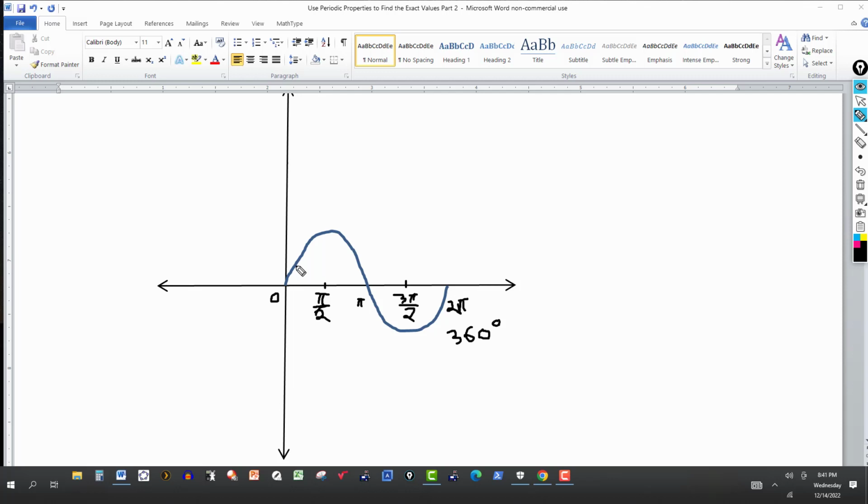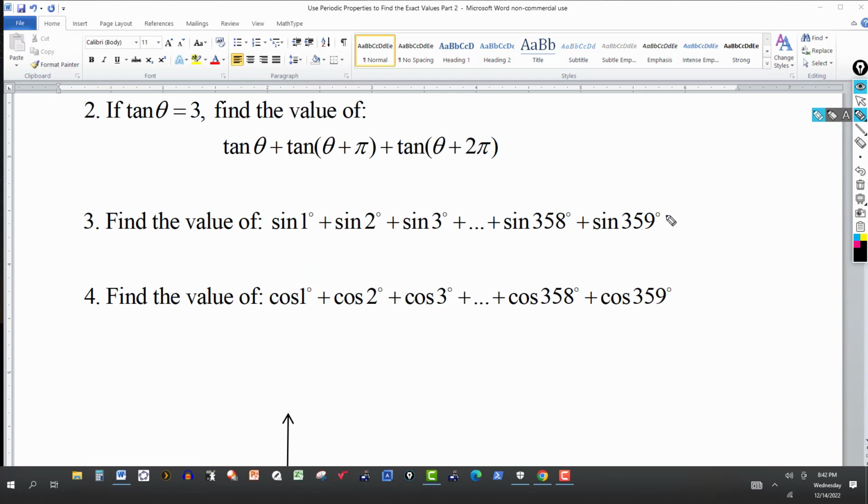The values of y that I get in the first interval from 0 to pi are the same as the ones that I get from 180 to 360, except they're negative. The y's in here are positive, and the y's over here are negative. They just cancel each other out. Because of the nature of the graph, this comes out to 0.